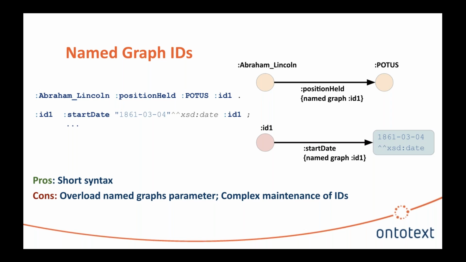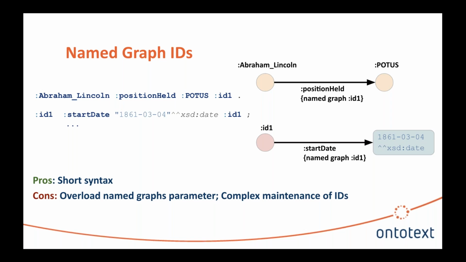Once we have this statement ID, ID1 in this example, we say this is the start date, and we maintain this in its own named graph. The benefit here is that, once again, it's a relatively short syntax, and you can, in an abstract way, attach various types of metadata and track this independently.